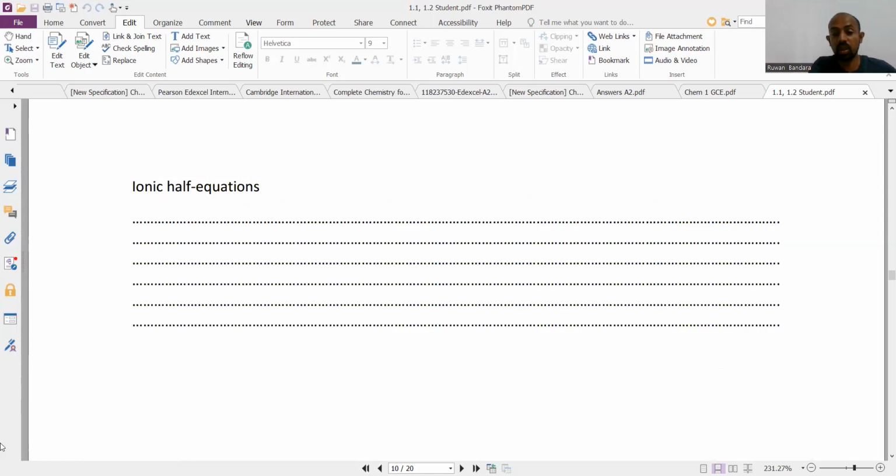Last topic for today, ionic half equations. Write down. Ionic half equations are written for reactions involving oxidation and reduction.